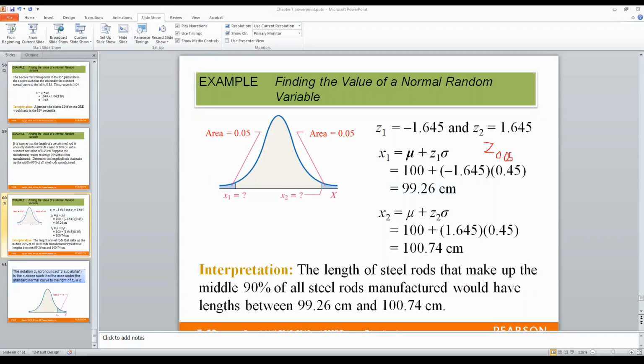Because 5% of the area lies above that value.